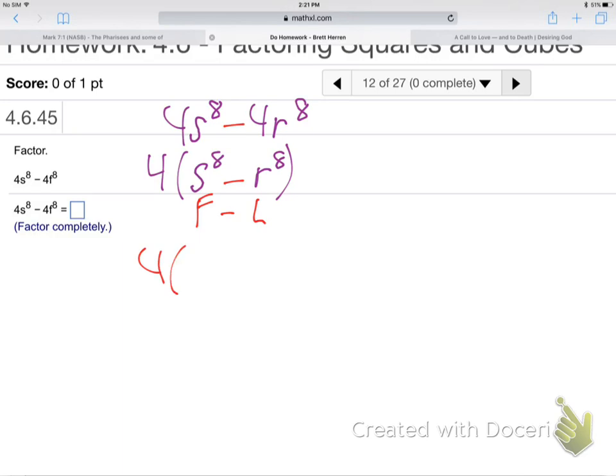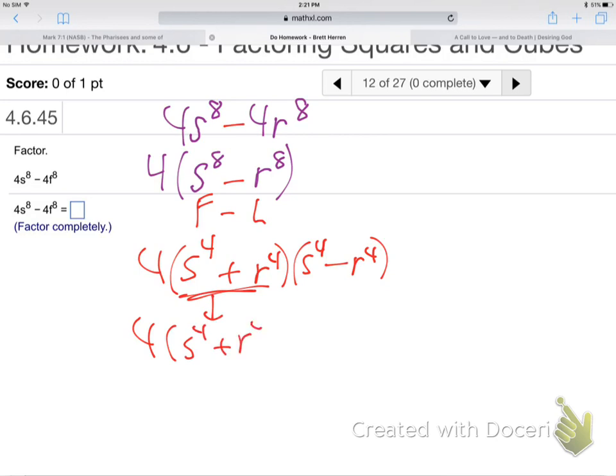Making sense here? So, 2 parentheses. S4 powers add to be 8. R4 powers add to be 8. 1 plus, 1 minus. Good so far? Now this plus 1, he's not going to go further. He'll just stay as he is. But the minus 1 will break down into S2, R2, S2, R2. 1 plus, 1 minus.